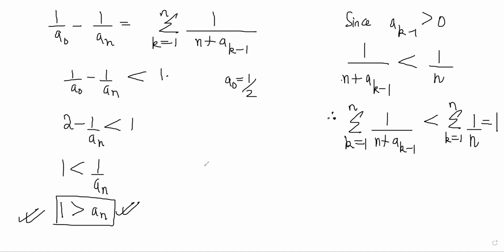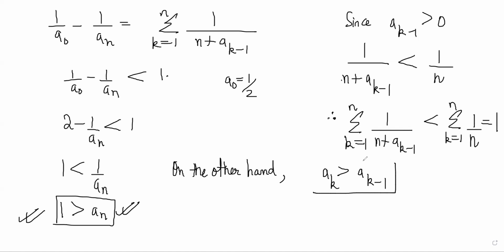On the other hand, the recursive formula implies that ak is greater than ak minus 1. Look at the recursive formula. ak is definitely bigger than ak minus 1 because we are adding a positive quantity to ak minus 1 in order to get ak.